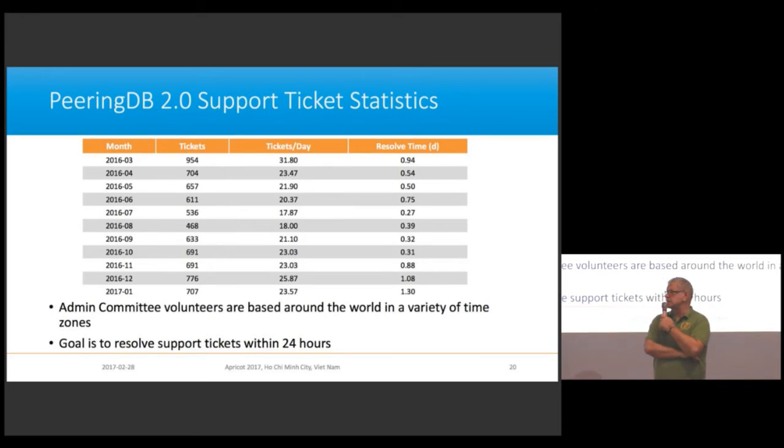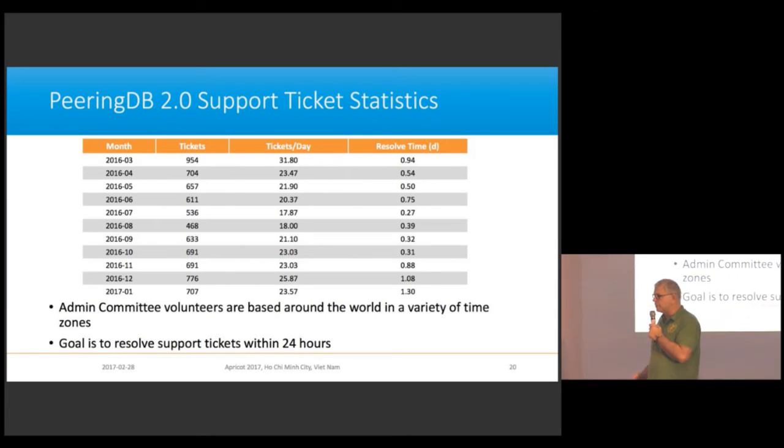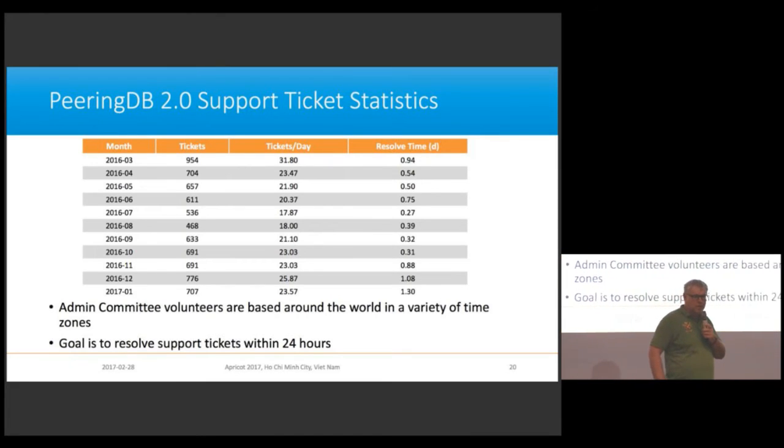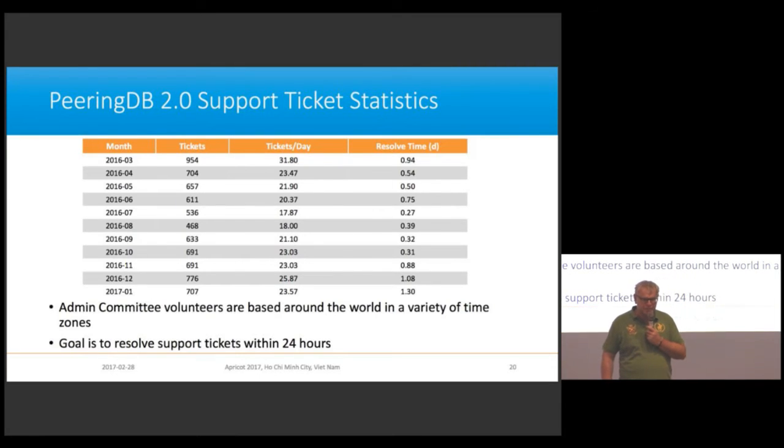This is statistics on support tickets. I don't have the figures from PeeringDB 1.0, but support tickets from 1.0 to 2.0 almost increased by 300%. That means currently we have roughly between 20 and 30 tickets per day.